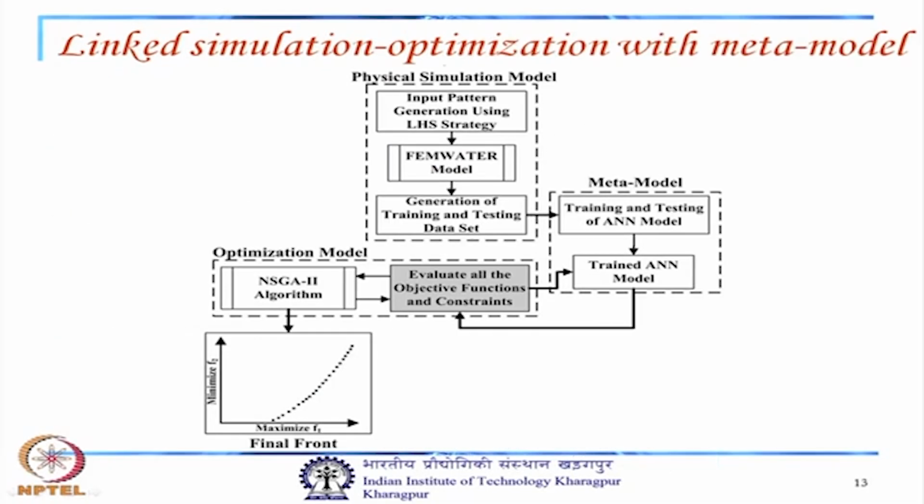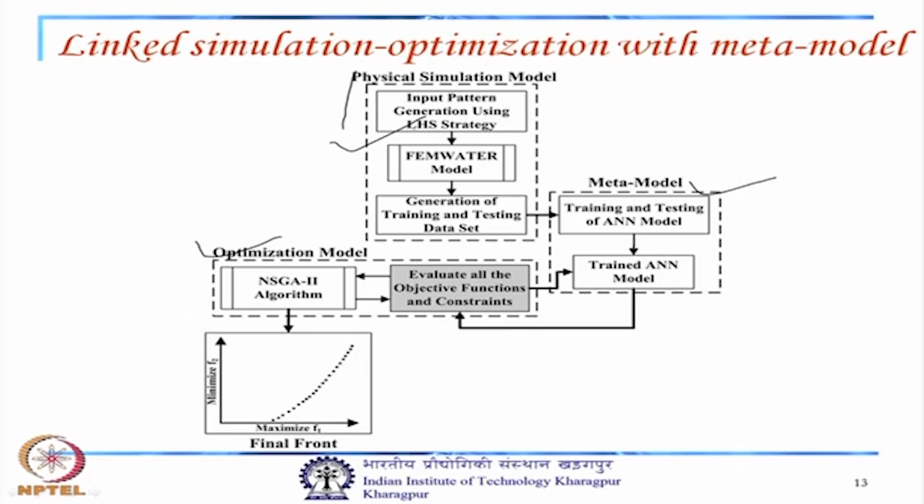So, what is there in the linked simulation optimization with meta model? We have physical simulation model here, and we have meta model here, and we have optimization model here. So, from simulation model we can generate input patterns.